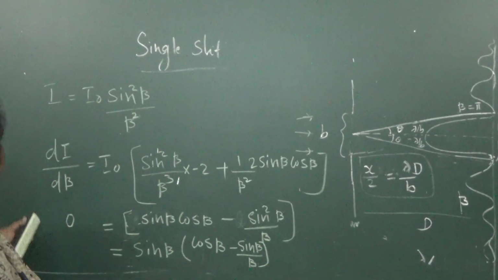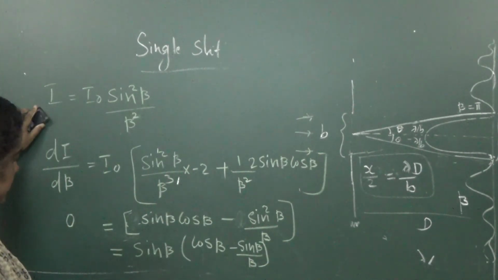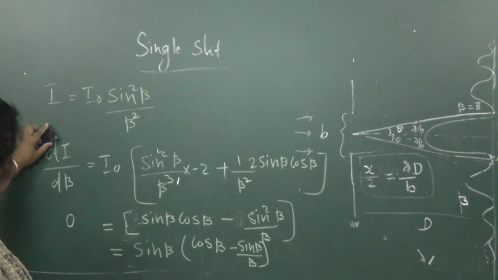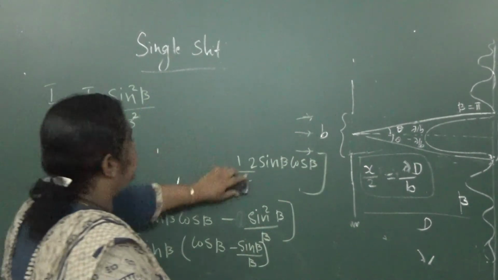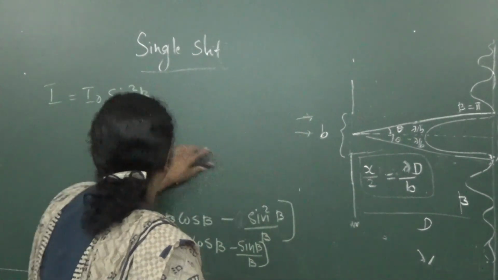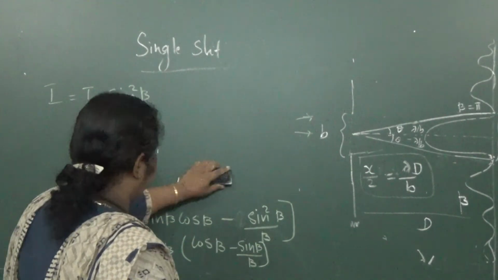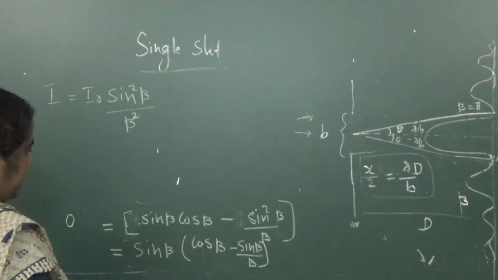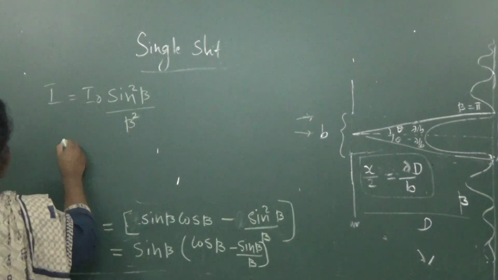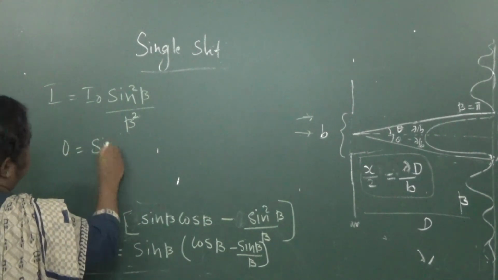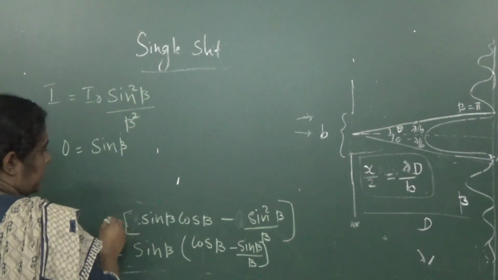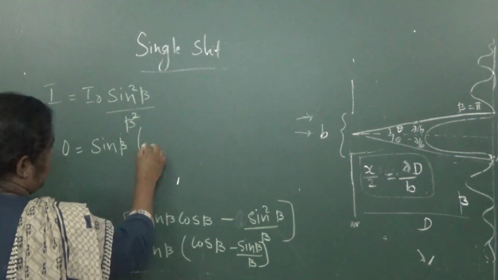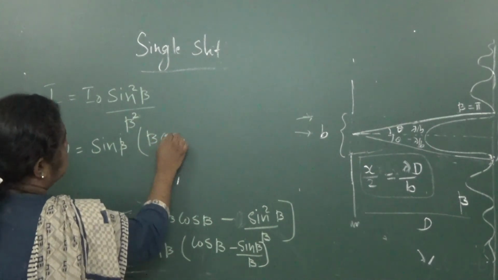Okay, now 0 is equal to sin beta, and then beta cos beta.